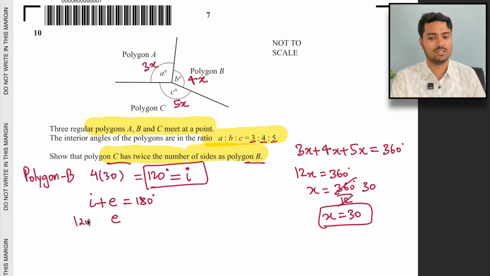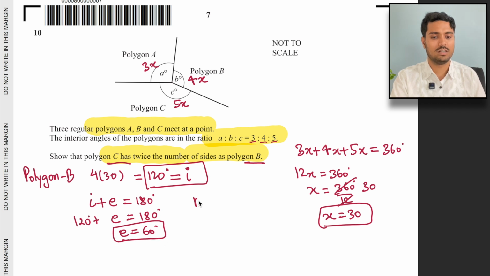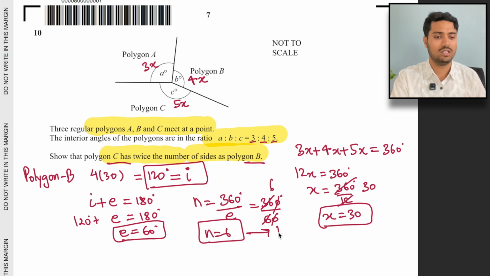So interior is 120 degrees, so exterior is going to be 180 minus 120, that is 60 degrees. So exterior is 60, so n equals 360 degrees upon E, that is 360 degrees upon 60. So n is equal to 6. So for polygon B, n is 6.